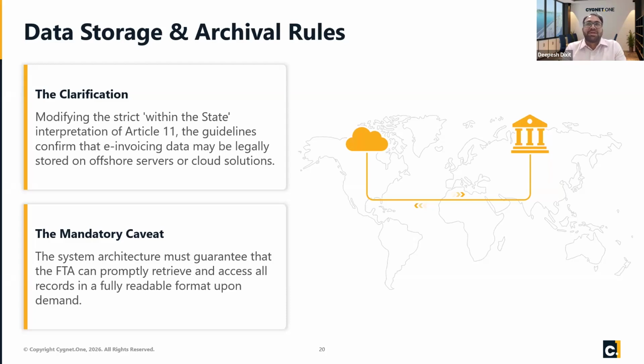But now there might be a chance that they can ask for the PDFs also, to match whether the data you are maintaining in the electronic XML format matches the PDF, and whether the ITC claimed in future is based on the data in the PDF or the XML. So FTA can ask for the PDFs also at any point of time once this complete UAE invoicing framework is settled in the market.